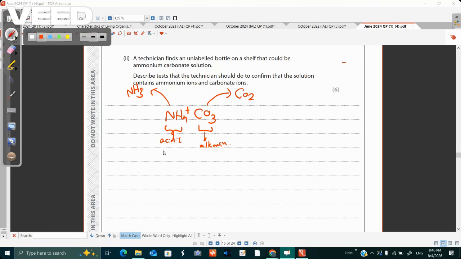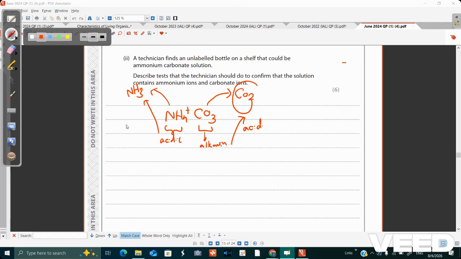So therefore, to release carbon dioxide, since it is alkaline, you can add an acid. Since the ammonium is acidic, to release ammonia, you can add what? An alkaline.